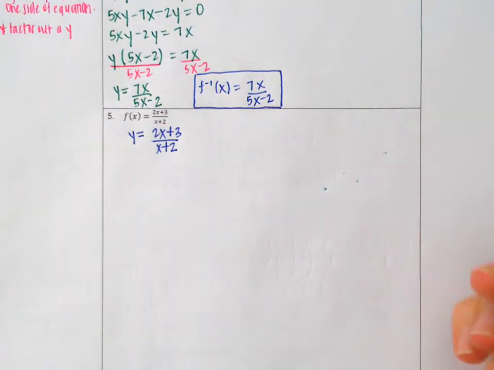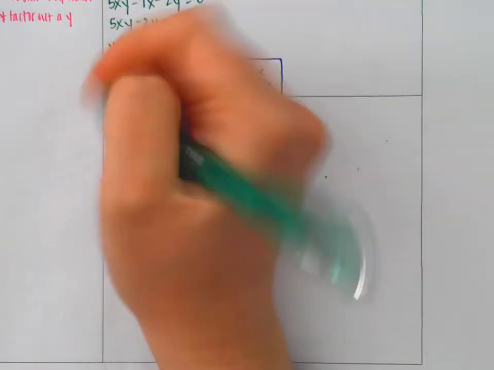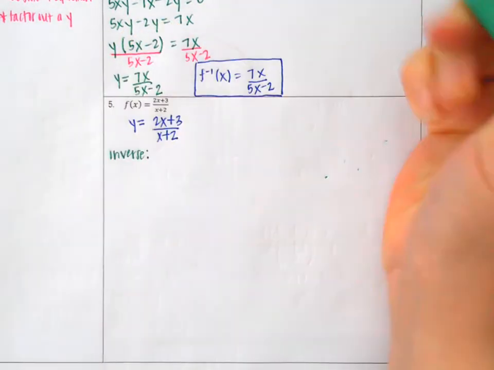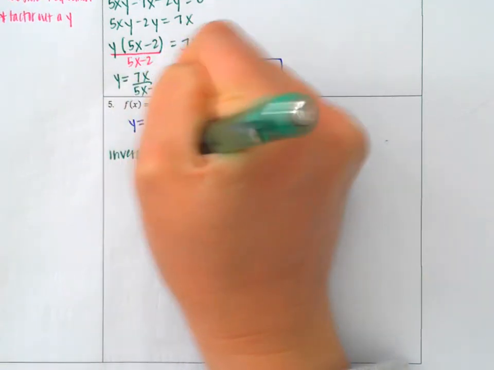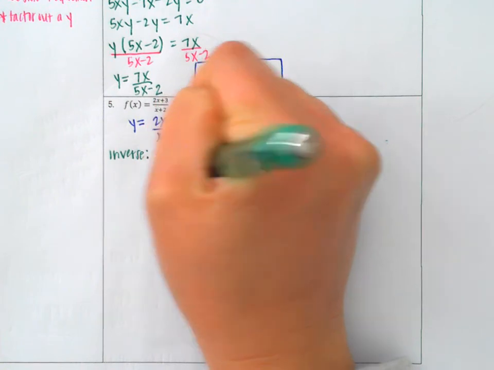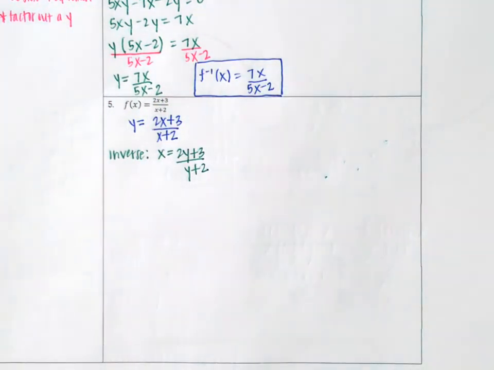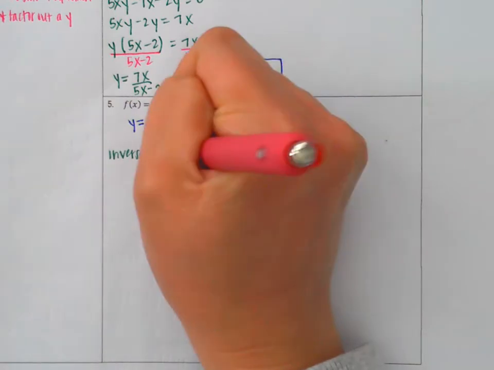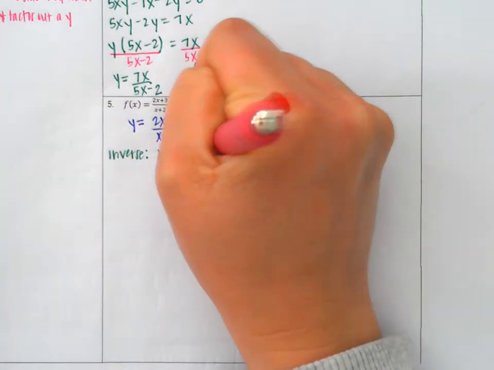And then I'll start with my inverse. So my inverse, remember, we're just swapping the x and y values. So this is going to be x equals 2y plus 3 over y plus 2. Now, first step, just like the problem on number 4, is to get rid of the denominator. So we're going to multiply both sides by y plus 2.